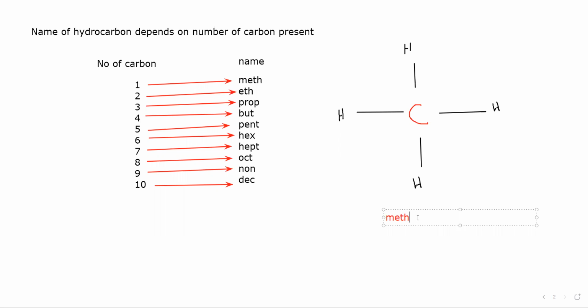Alkane, and the name should end in A-N-E. So it will become methane. Why is it meth? Because of 1 carbon. And why is it ane? Because of the single bond. Is it clear how we name this hydrocarbon?